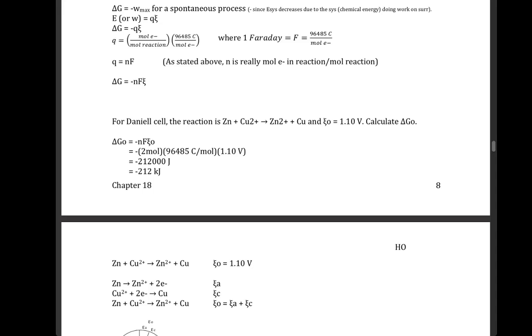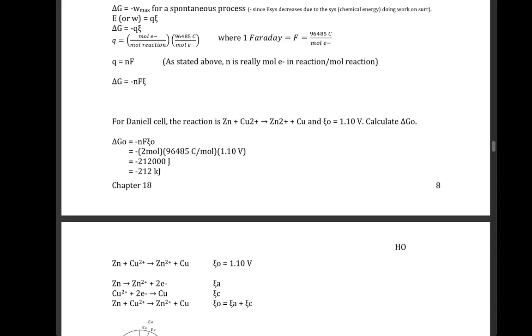Okay, now looking at just the Q part of that, the electrons involved, in a given reaction we have so many moles of electrons involved per mole of reaction, like zinc forming zinc 2+. For every mole of reaction, we have 2 moles of electrons involved.